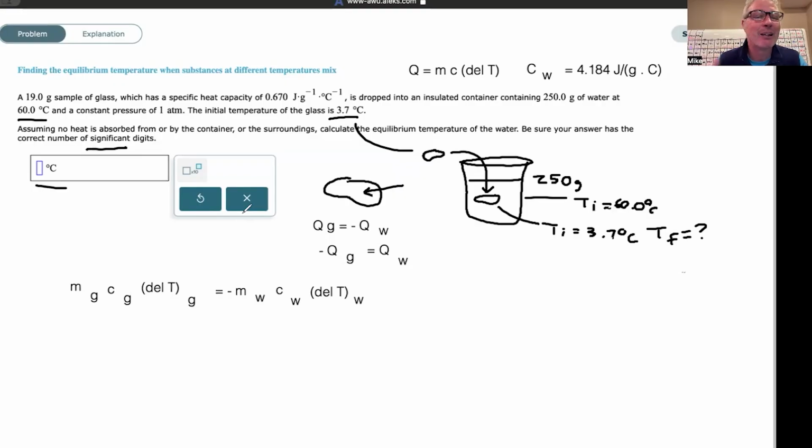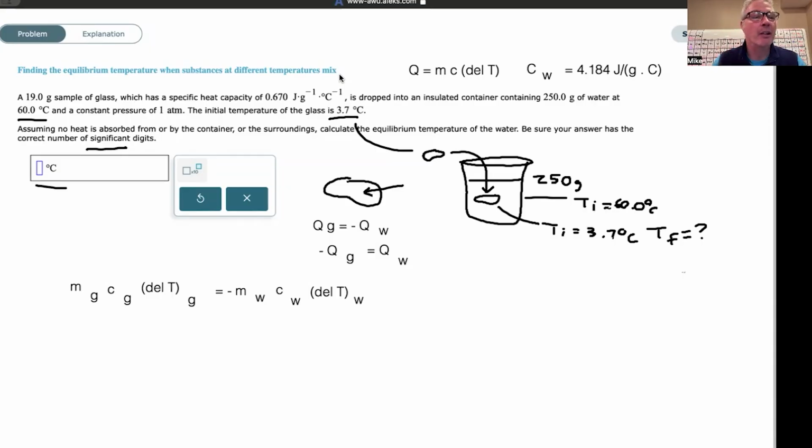Okay, well, we're going to end up subtracting. I think the significant figures are going to work out just fine. Now, here's the thing. If you mess this up by getting the negative not in there or something, we know that this range has to be within 60 degrees to 3.7, right?